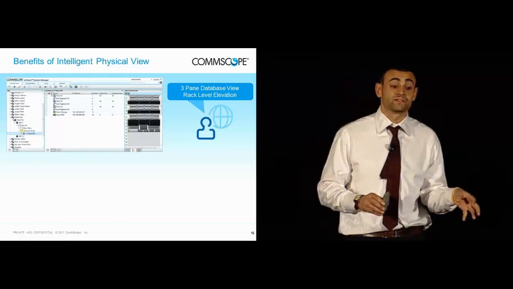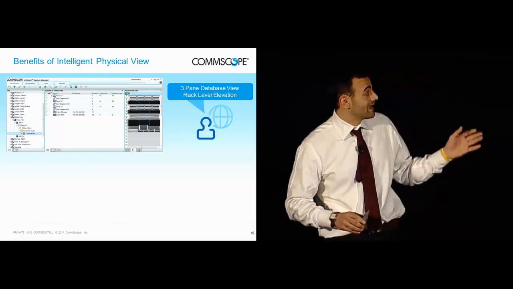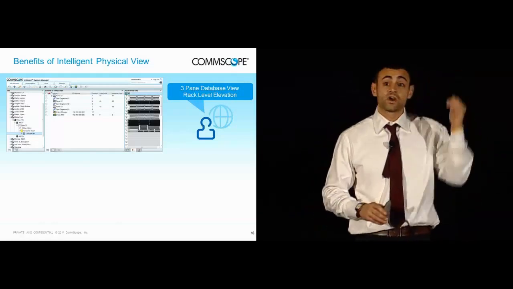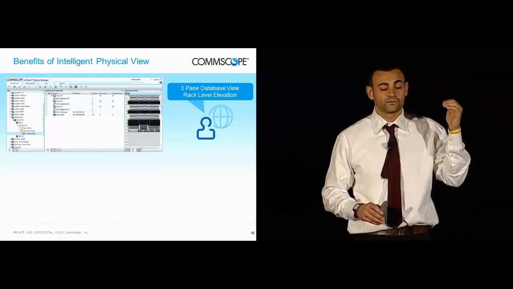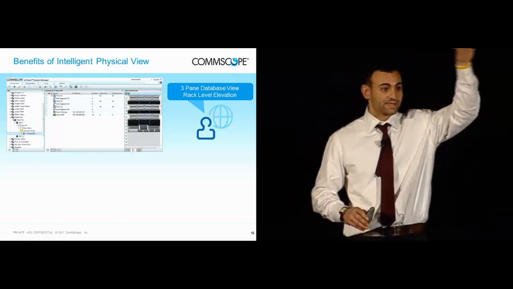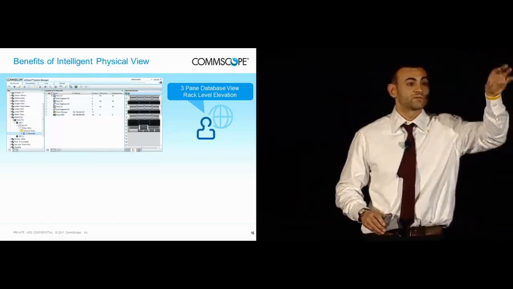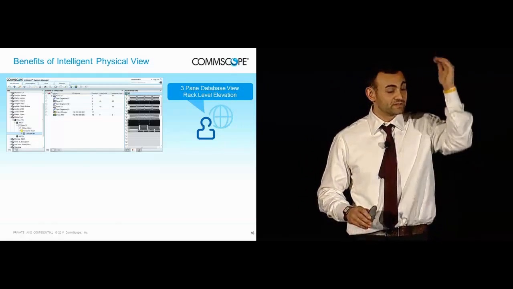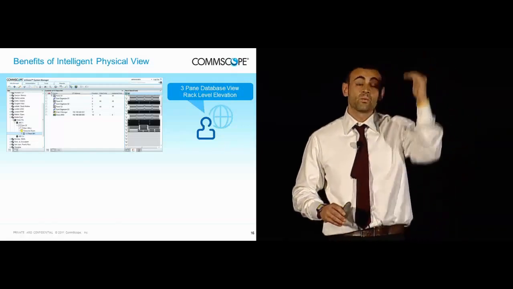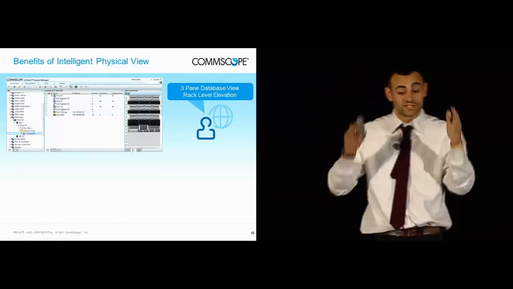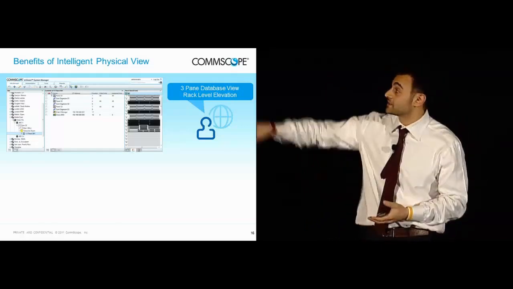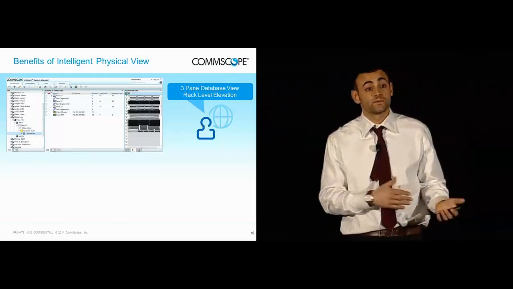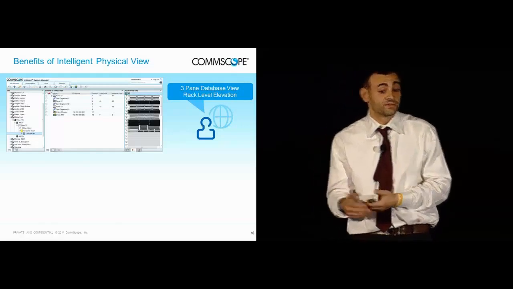Our version of intelligent infrastructure, CommScope's version, shows a 3-pane interface. We have a hierarchical view on the left that shows your campus, your city, your office building, your room, your floor. So it basically shows you where in a hierarchy these objects that sit in the middle are, and these objects all have properties that you can either custom define or take some of the defaults on.